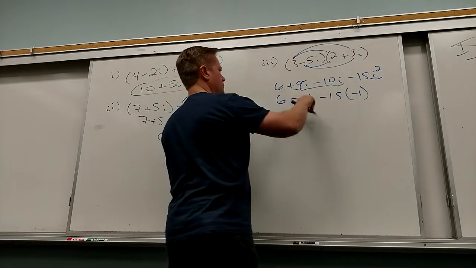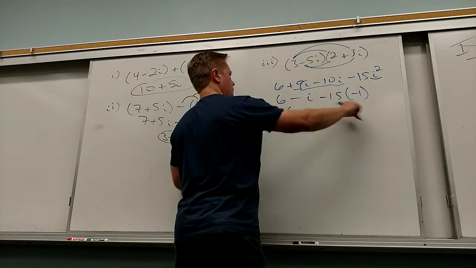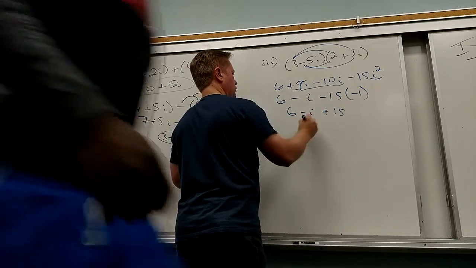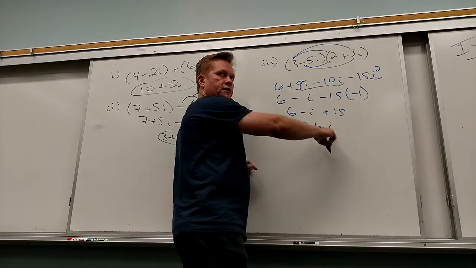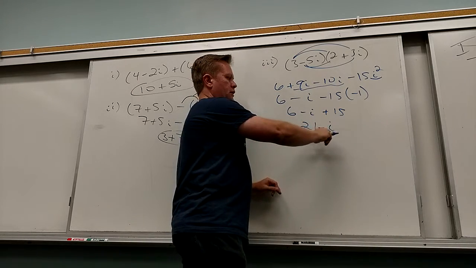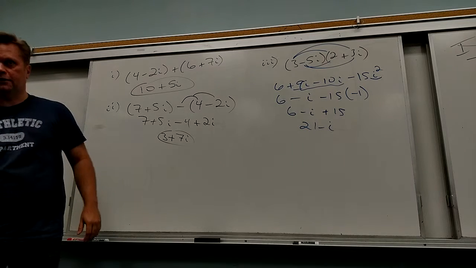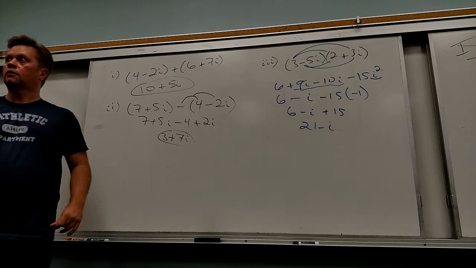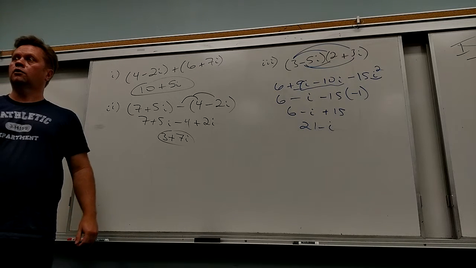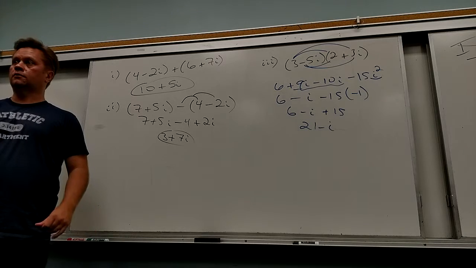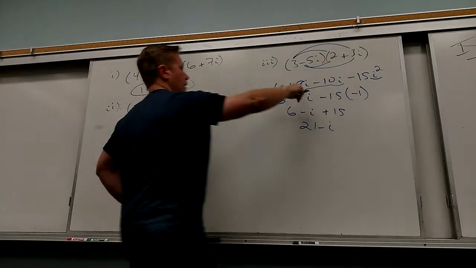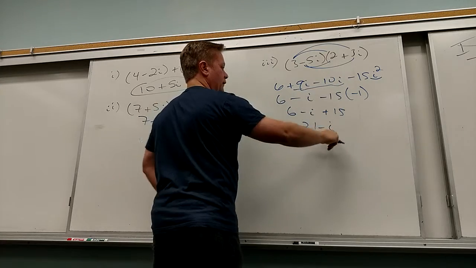So here I get 6 minus i plus 15. So I get 21 minus i. Notice what form it's in: a plus bi. Your answer will always need to be put that way. That's not negative i to the 0 power, is it? Of course not. Because I had 9 i's and I took 10 i's away, so now I've got negative i.